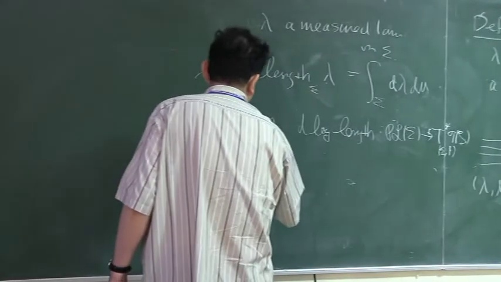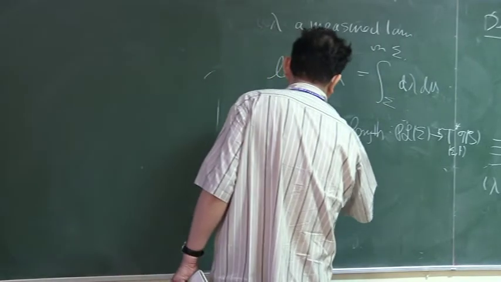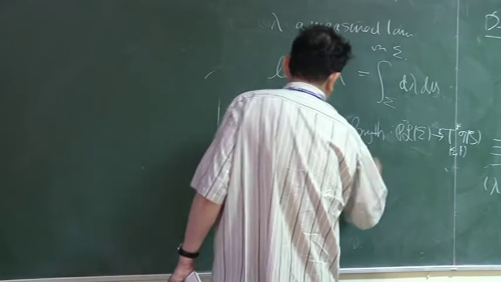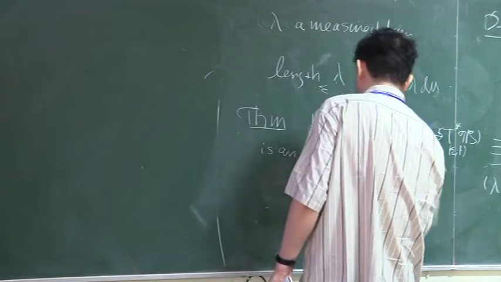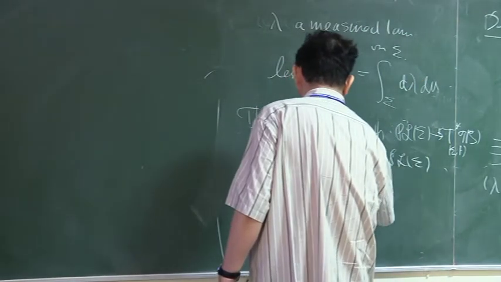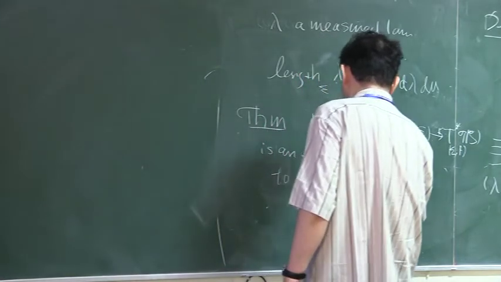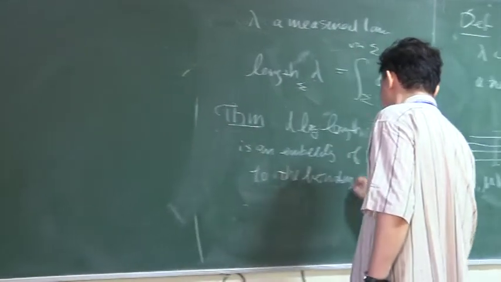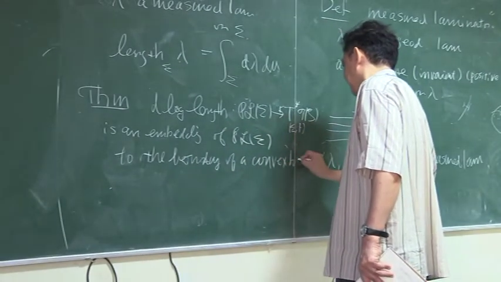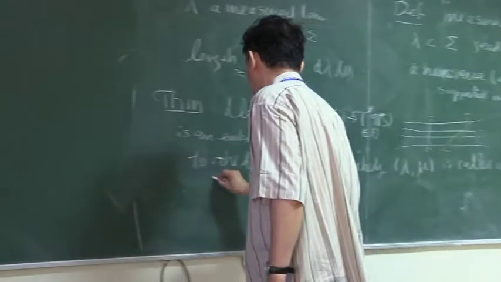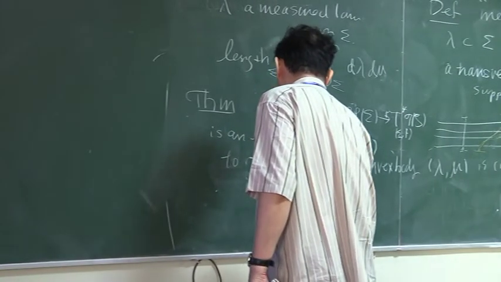This is an embedding of PL sigma onto the boundary of a convex body in this cotangent space.